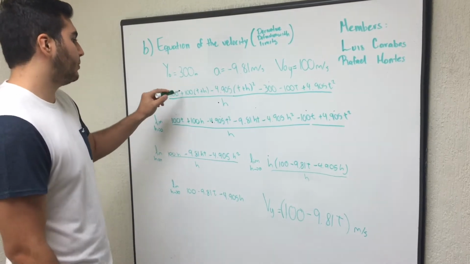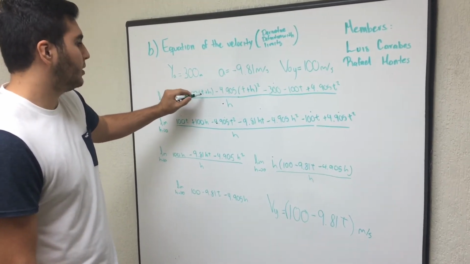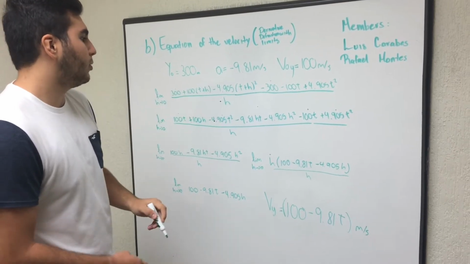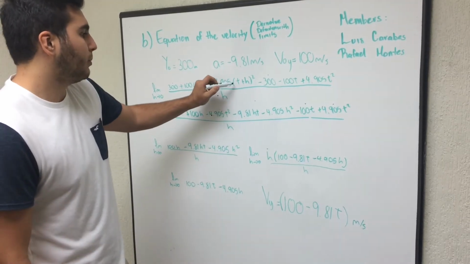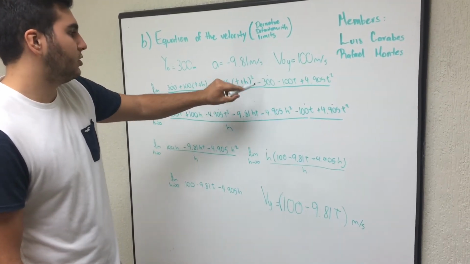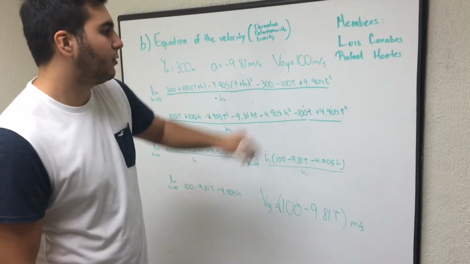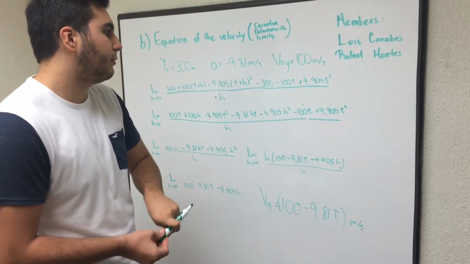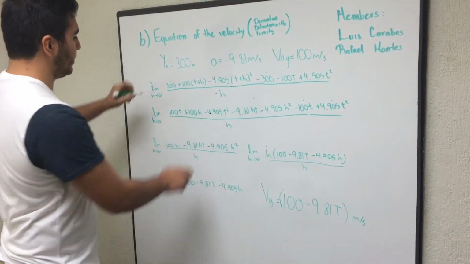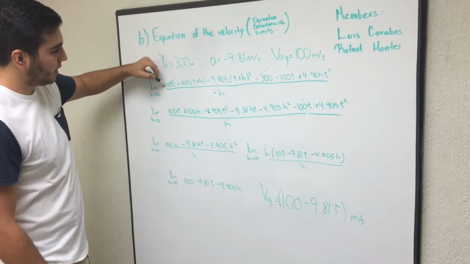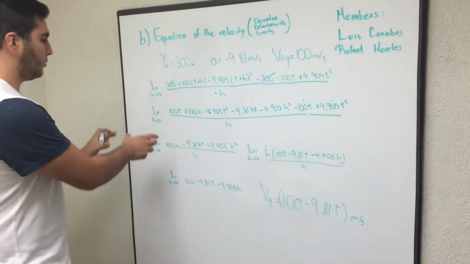So we put 300 plus 100 in parentheses t plus h, minus 4.905 in parentheses t plus h squared, minus 300 minus 100t plus 4.905 t squared. In this part, we take out the 300 with the 300, and that's it.